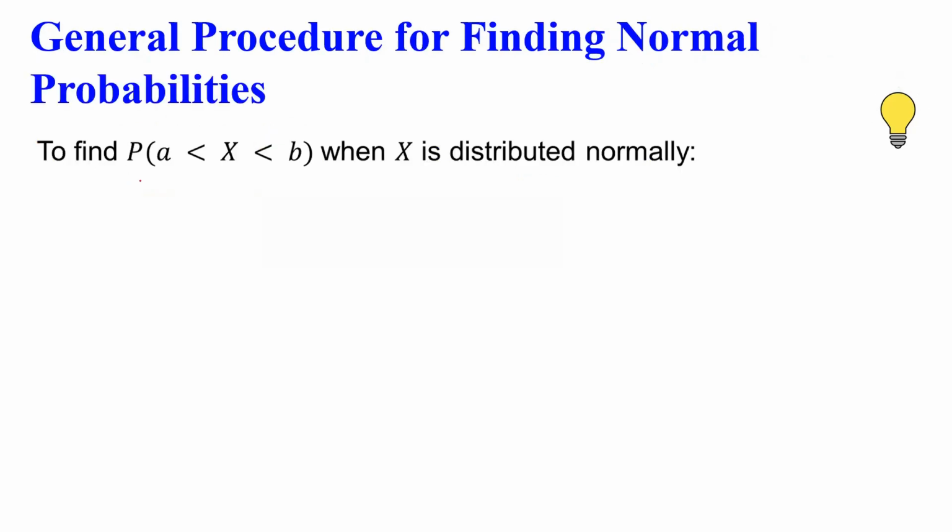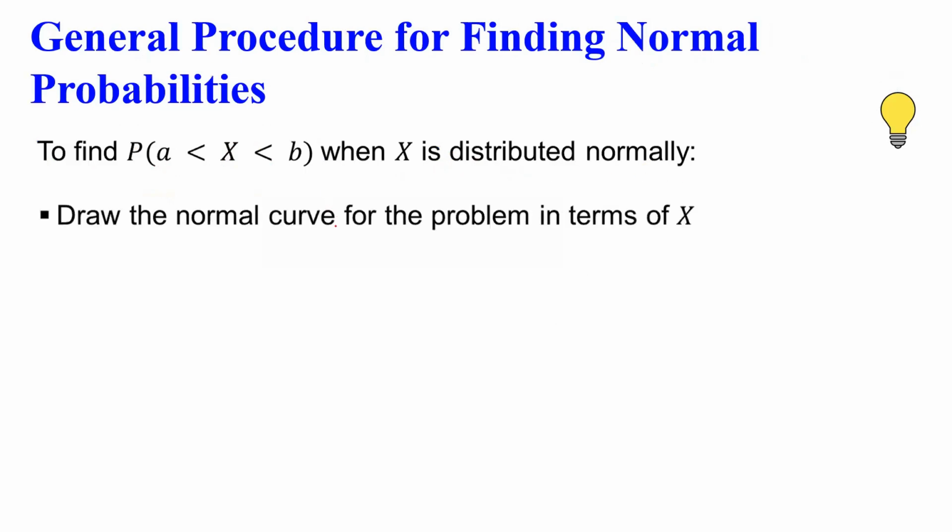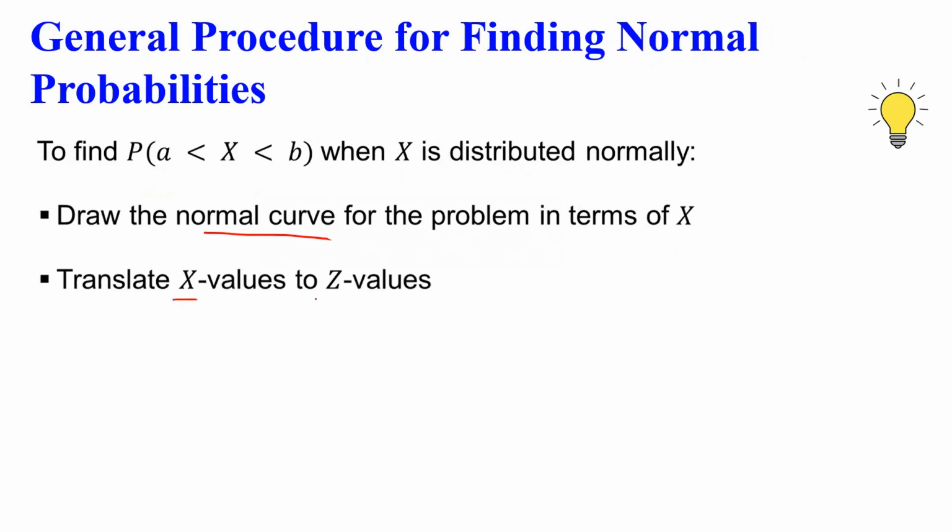All right, in order to find the probability where X is between A and B, we say X is distributed normally. First of all, we need to draw the normal curve for the problem in terms of X. Then you need to translate the X value into Z scores or Z values.